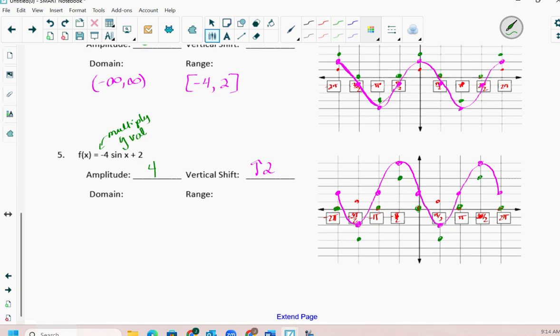Multiply y values by -4. But the technical definition of amplitude is absolute value of a. Okay. Let's see, domain and range, -infinity to infinity, -2 to 6.